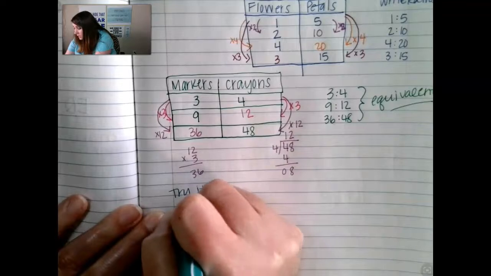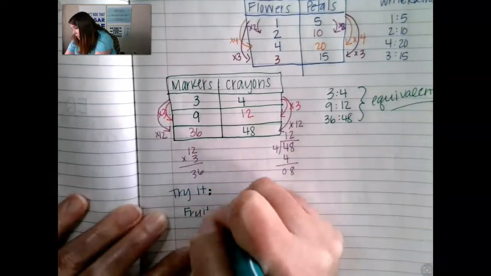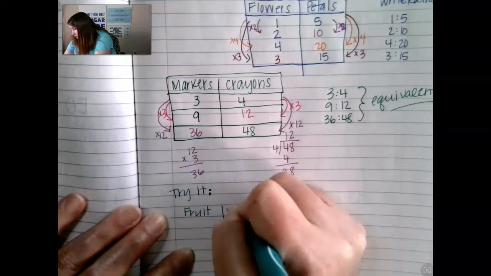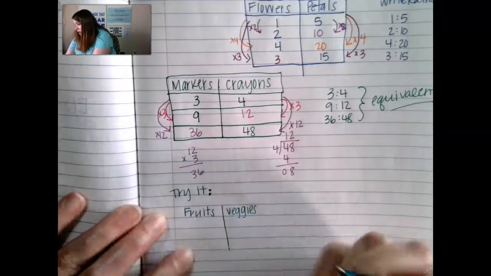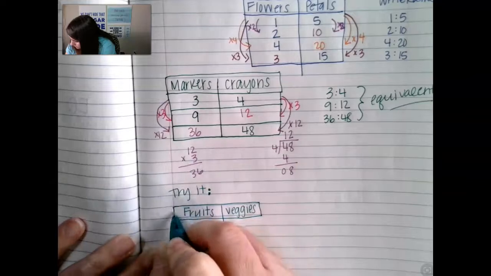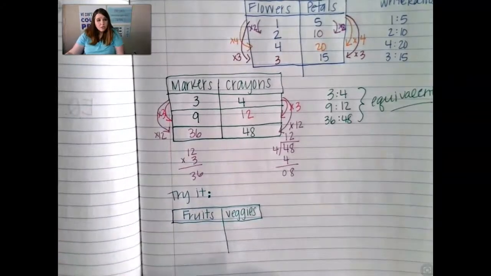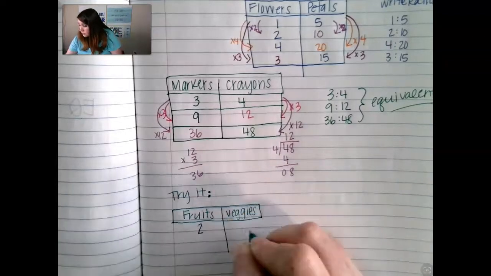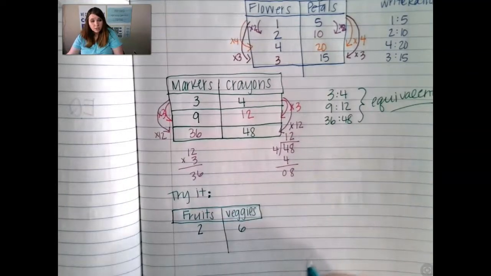So let's go ahead and set it up like this. Fruits and veggies. All right, so fruits and veggies are being compared. And our initial ratio that we start with is 2 to 6. So when I have 2 fruits, I have 6 veggies.